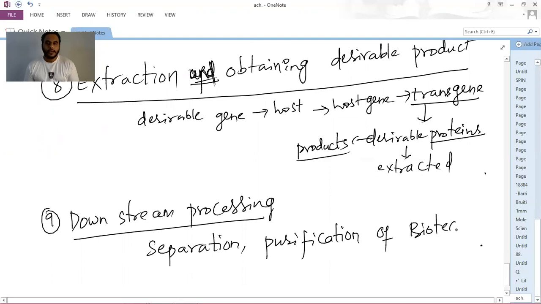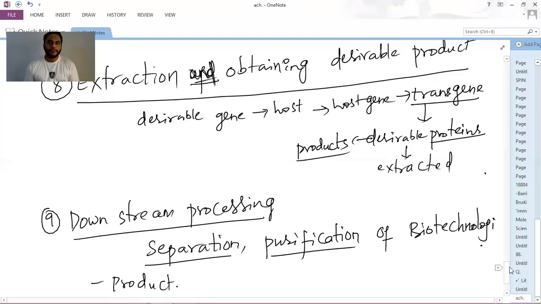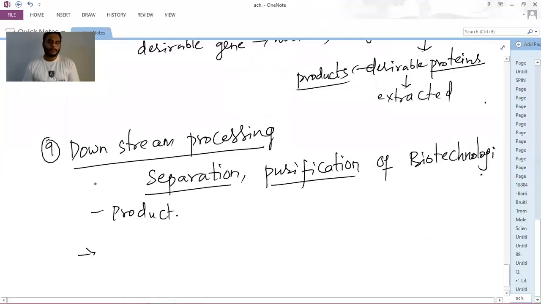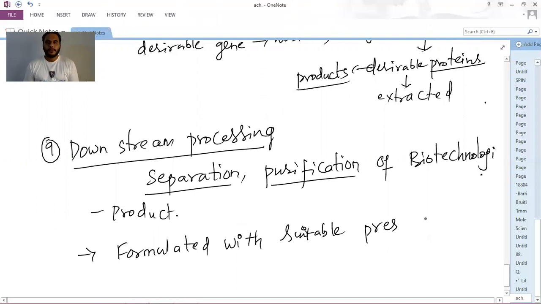So these rDNA products are formulated with suitable preservatives to protect their consistency for a long time.